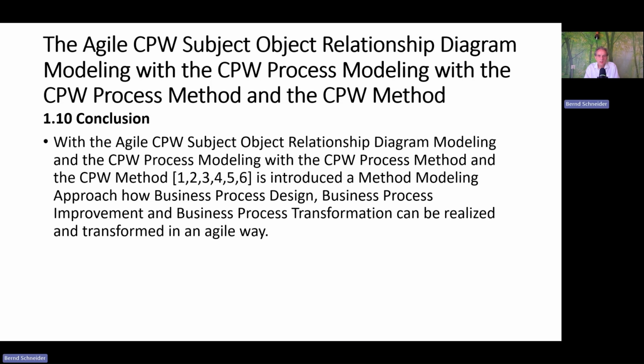With the Agile CPW subject-object relationship diagram modeling and the CPW process modeling with the CPW process method and the CPW method, a method modeling approach is introduced, so that business process design, business process improvement, and business process transformation can be realized and transformed in an agile way.